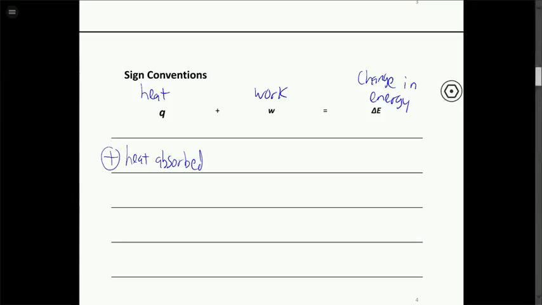And then if we have a positive work term, that means work is being done on the system. So if we're doing something to the system, doing work on the system, either moving it or raising it to a different height, whatever the case is, that's going to be a positive work term. And if Q and W are both positive, then the delta E has to be positive. That means you're going to have an increase in internal energy.